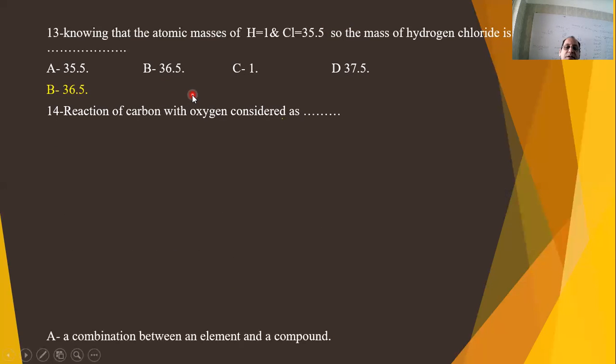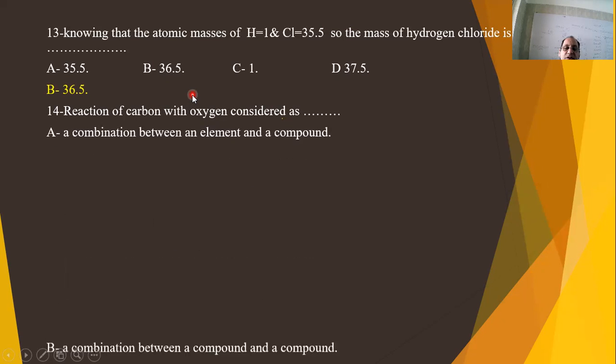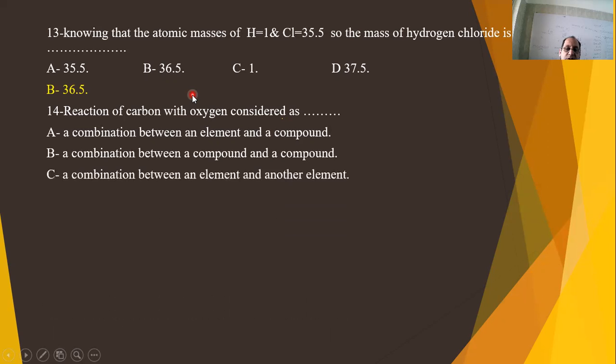The action of carbon with oxygen is considered from what of those? Of course combination between an element and compound. Actually carbon and oxygen were never compounds. Between compounds, neither oxygen nor carbon was a compound. So surely between element and another element.